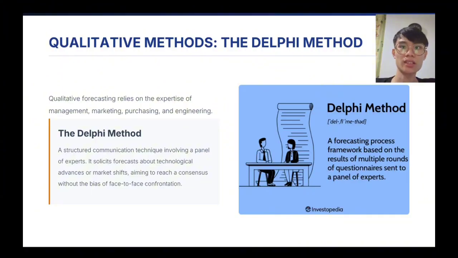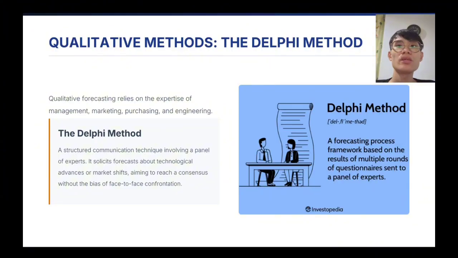Qualitative forecasting techniques rely on the informal judgment of experienced professionals such as managers, marketers, engineers, and procurement specialists.